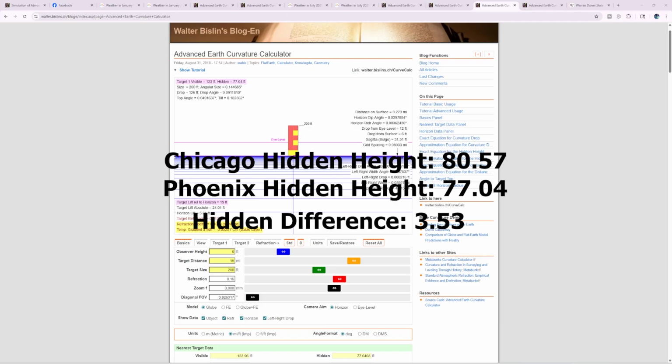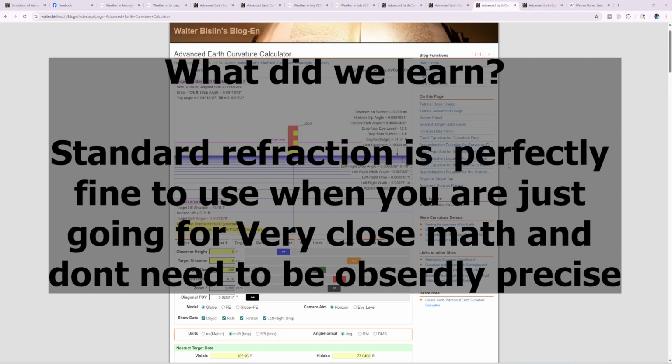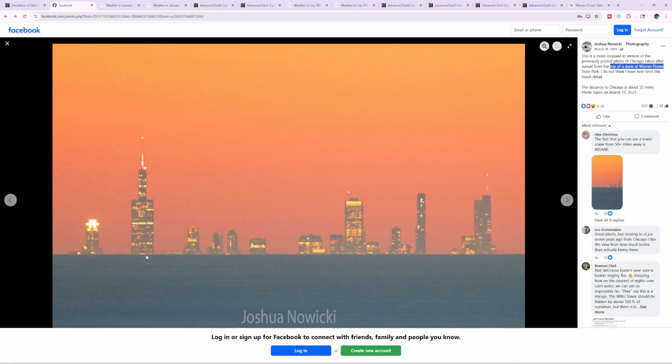That's why we can use a standardized number, because it's not a huge deal, especially at those distances. Thank you for coming to my TED Talk on how standard refraction is perfectly fine, and when you do all of the math, you can see that the change is so minuscule that realistically, looking at a picture like this, you're not going to tell me plus or minus 3 or 4 floors.